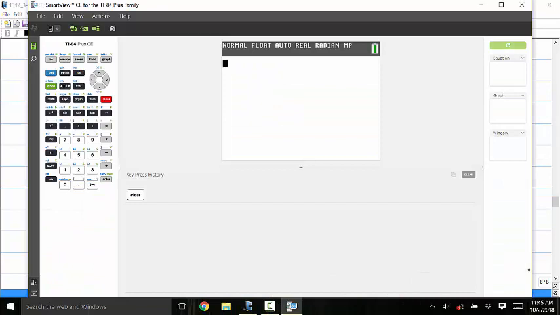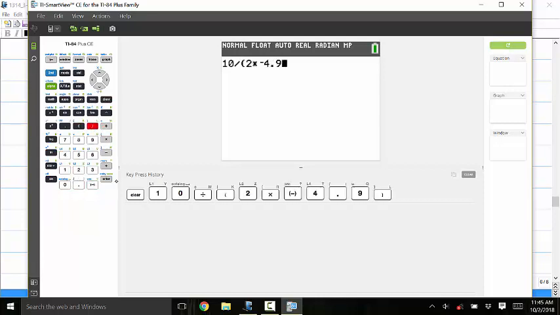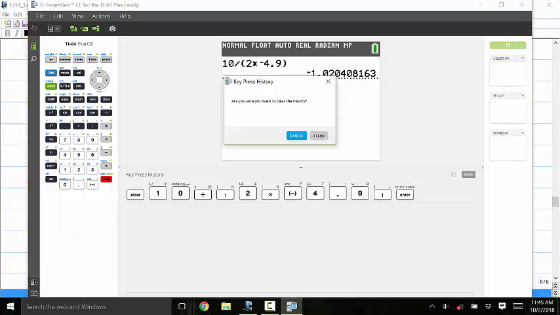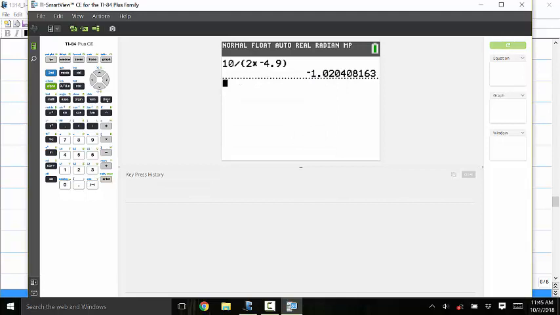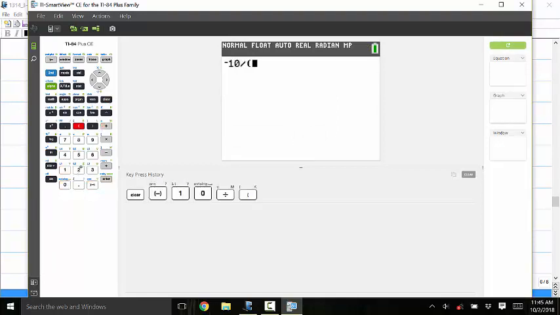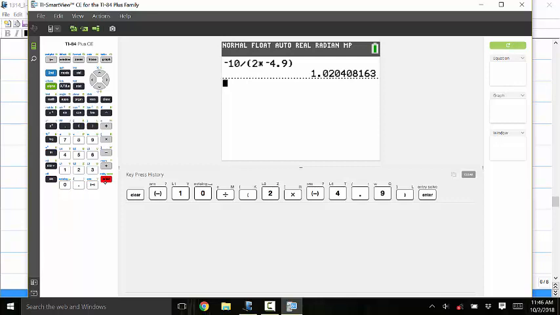Okay, on my calculator, how did I find the x value? I said negative 10 divided by 2 times negative 4.9. Sorry, it should have been negative 10, right? So I got 1.02.